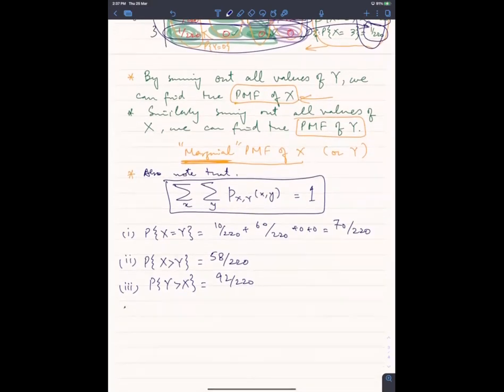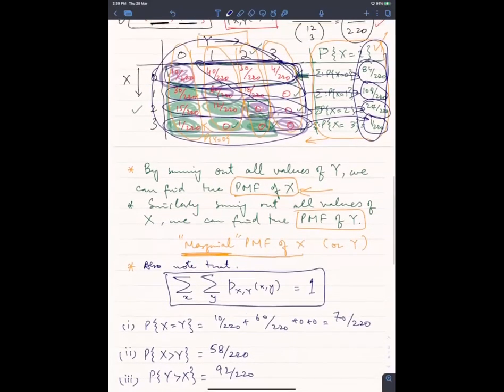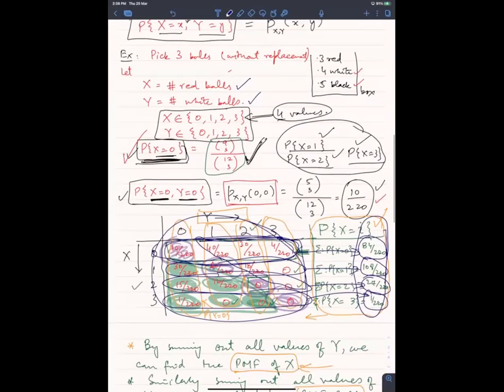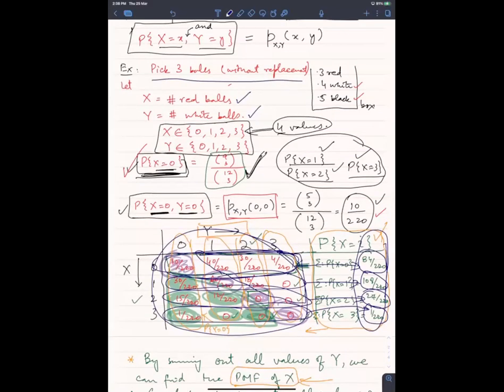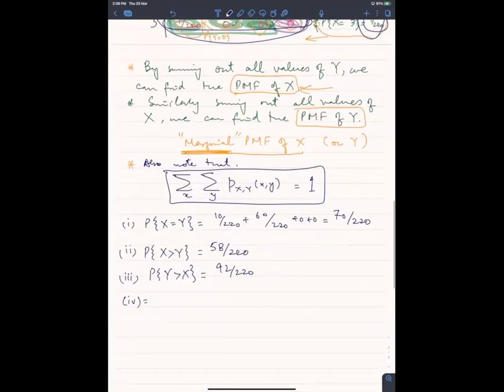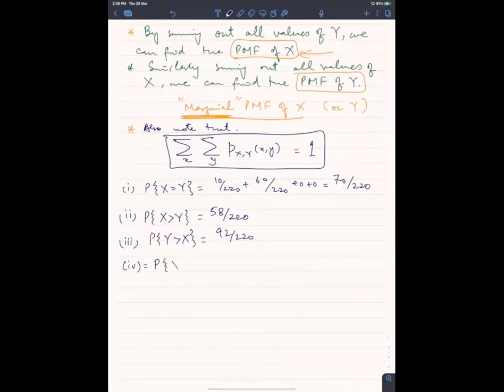So the last question that I'm going to ask is, if I tell you that you picked three balls, and exactly one white ball was picked, what is the probability that there was no red ball picked? So I'm going to ask this: probability x is equal to 0 given y is equal to 1.